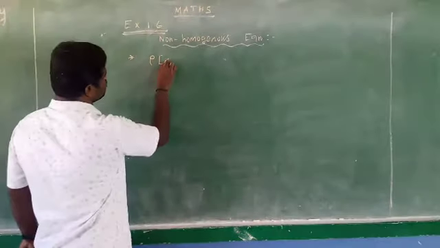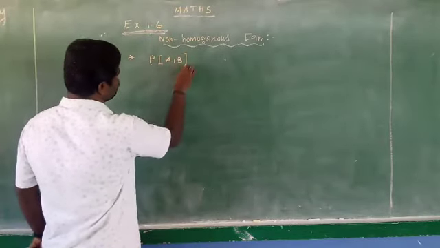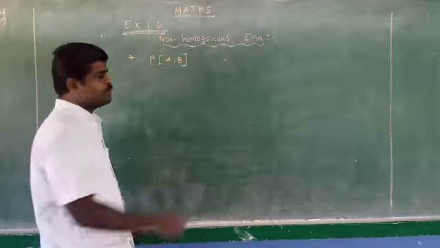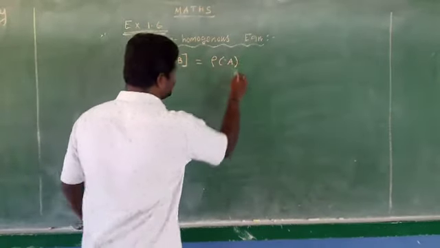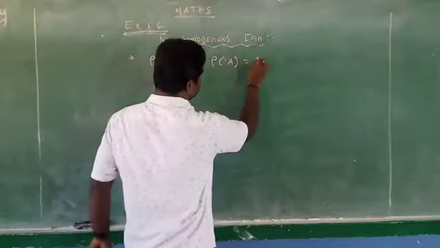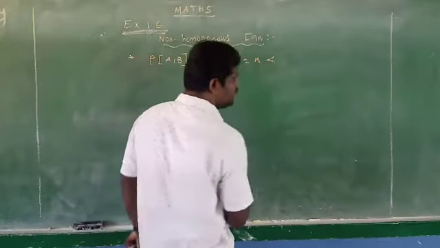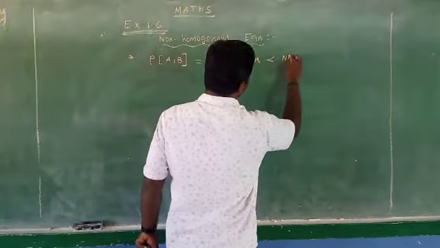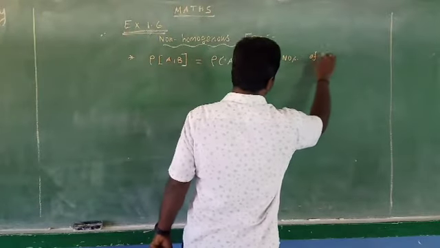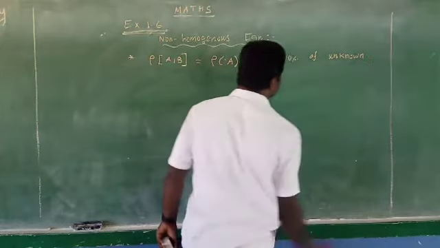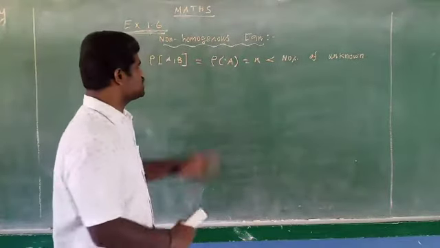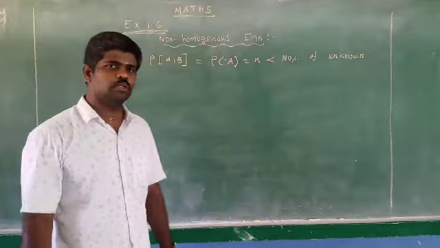The rank of A comma B is equal to the rank of A, equal to n, which is less than the number of unknowns.